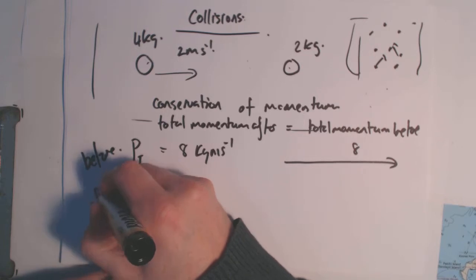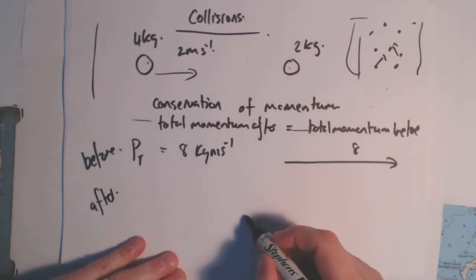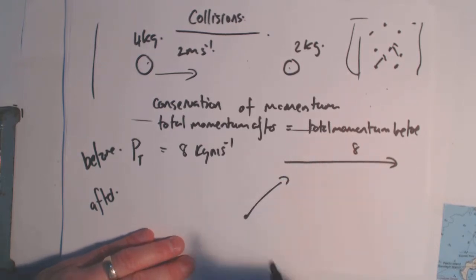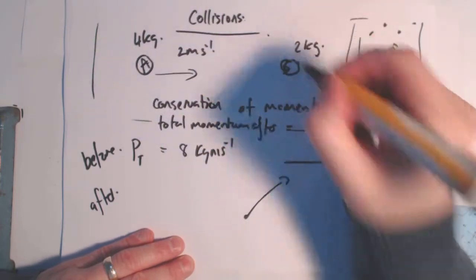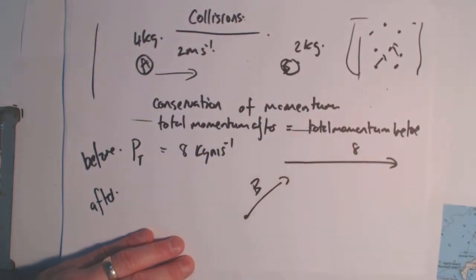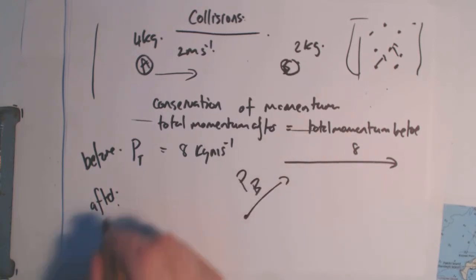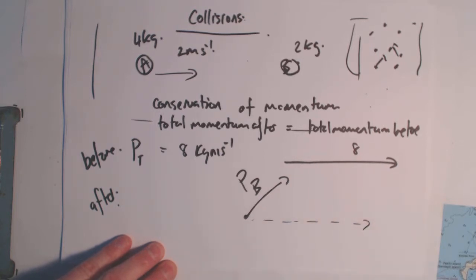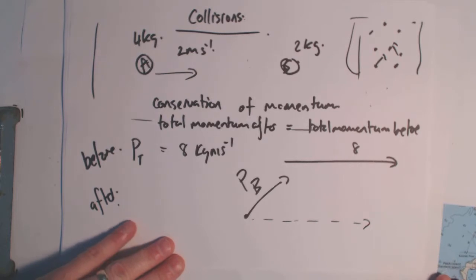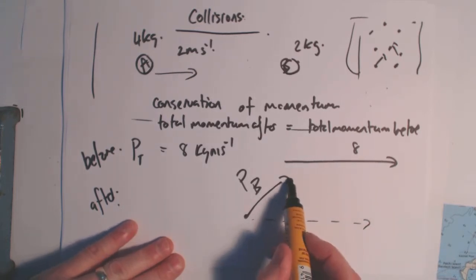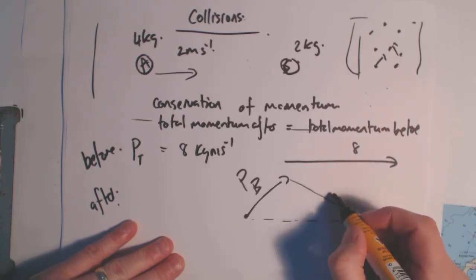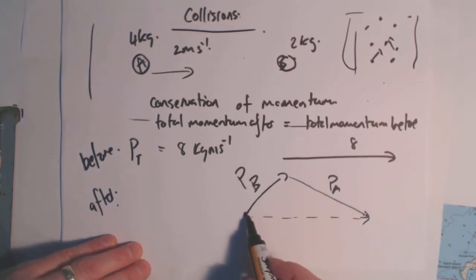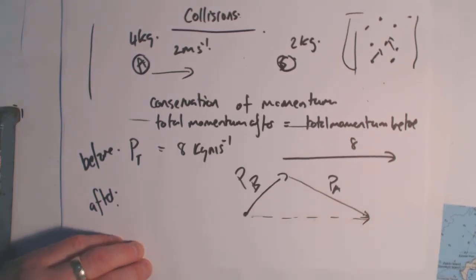So after the collision, if I tell you that the 2 kg one is going at a 45-degree angle like this, and that was his momentum, so if we call that ball A and we call that ball B, then if I tell you that B is doing that, that's his momentum for B, this is all after, then you know that the other ball, you've got this total momentum that you know the balls afterwards must add up to. So you now know that total momentum requires that the momentum of A afterwards be that vector, because they've got to now add up to a vector that's 8 and totally horizontal there.